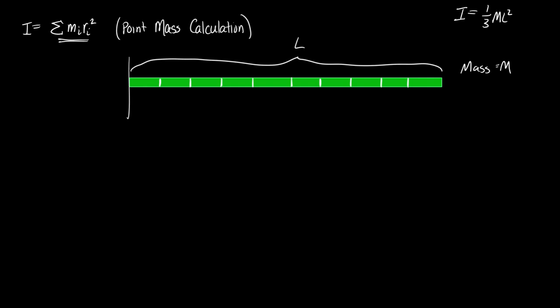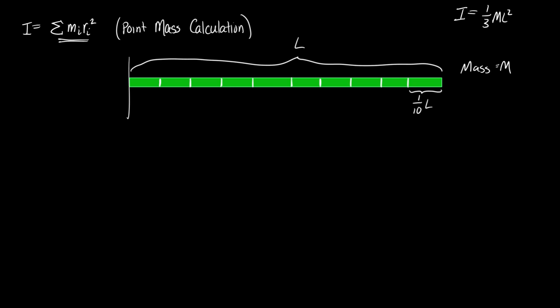What is the length of one of these pieces? No, it's not a meter stick. Okay, so I'm going to use fractions, but 0.1 or 1/10 of L would be the length of one piece.